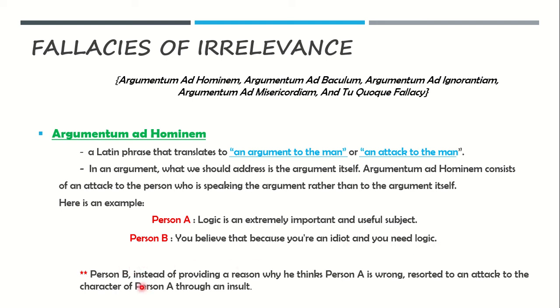So person B, instead of providing a reason why he thinks person A is wrong, resorted to an attack to the character of person A through an insult. So, mao na siya ang pasabot sa argumentum ad hominem. You did not focus on the argument, but rather you try to attack the person who is speaking the argument. Mao na ang unique ni argumentum ad hominem. Okay. Next.